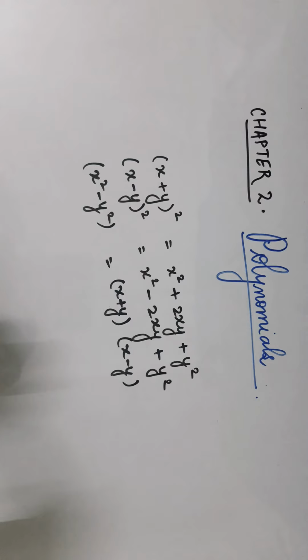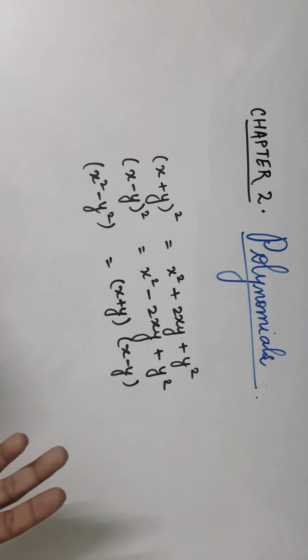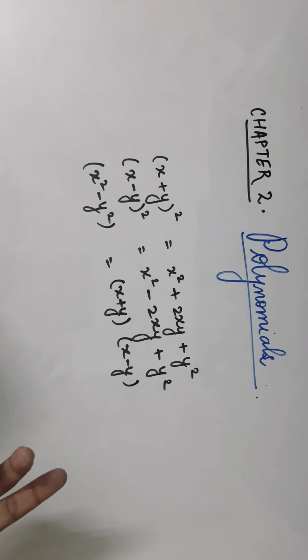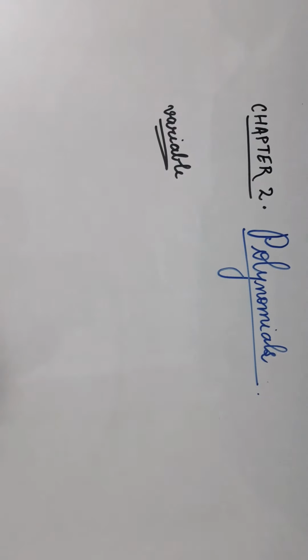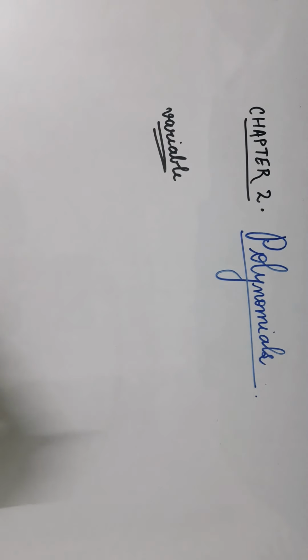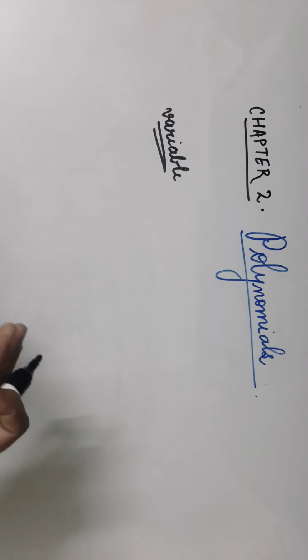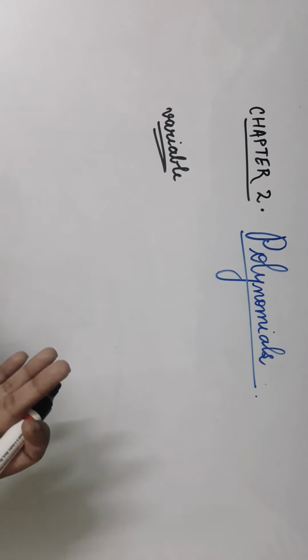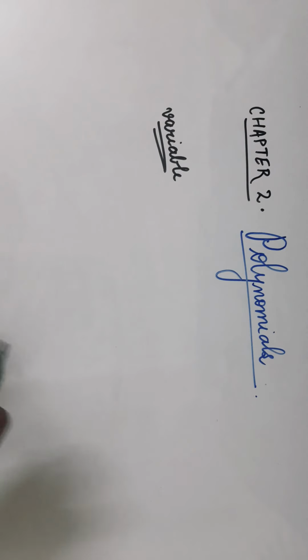Now let us recall the terms constant and variable before beginning the actual topic, polynomial. Let us have a quick recap of what a variable is and what a constant is. Variable, the name itself tells you, is something which varies, which is not constant, which is changing.